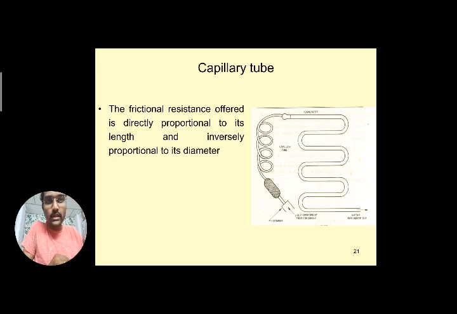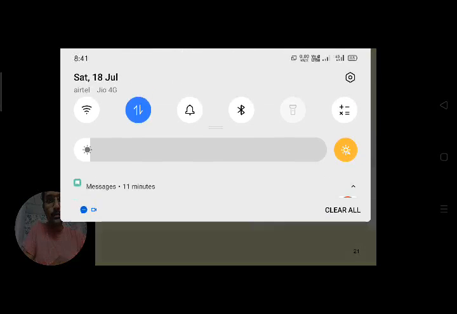Here the frictional resistance offered is directly proportional to its length. More length, more resistance is offered, more pressure drop will take place, and it is inversely proportional to its diameter. It means length has to be more, diameter has to be decreased. It is inversely proportional. The more you decrease the diameter, the more frictional resistance is offered.